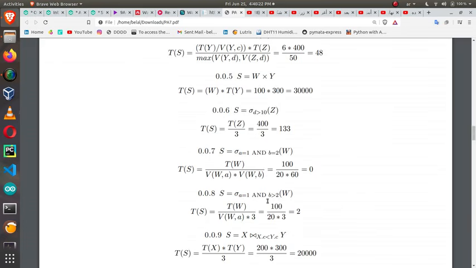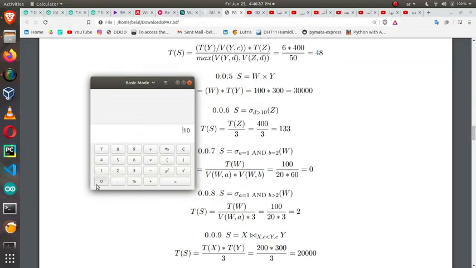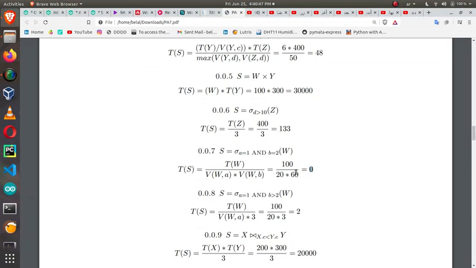This one is 100 over 20 times 1 over 60, which is 0.08, nearly zero number of tuples.